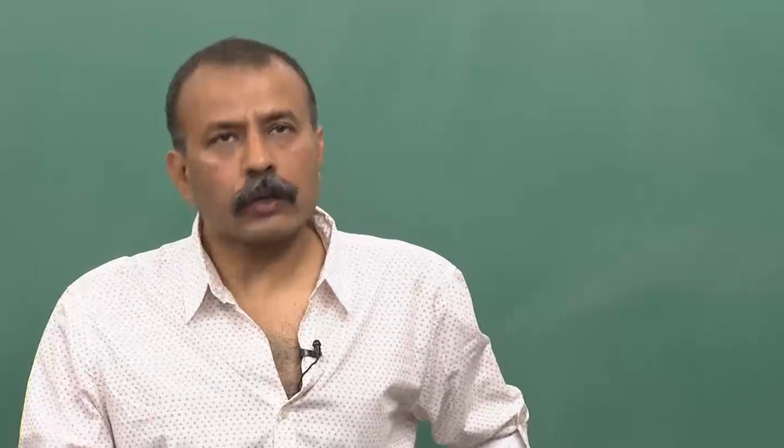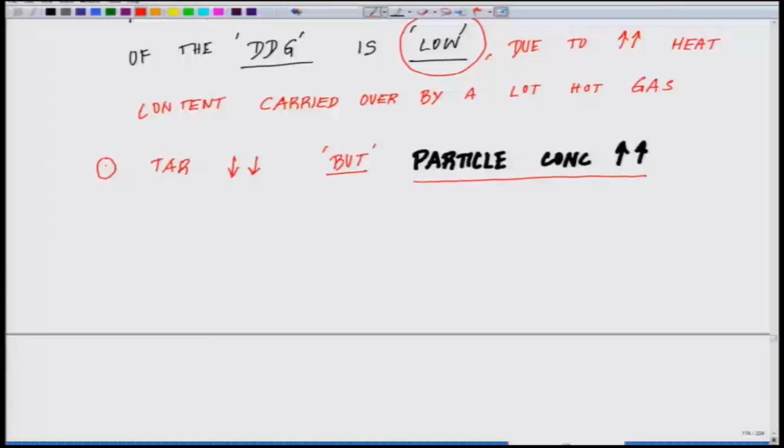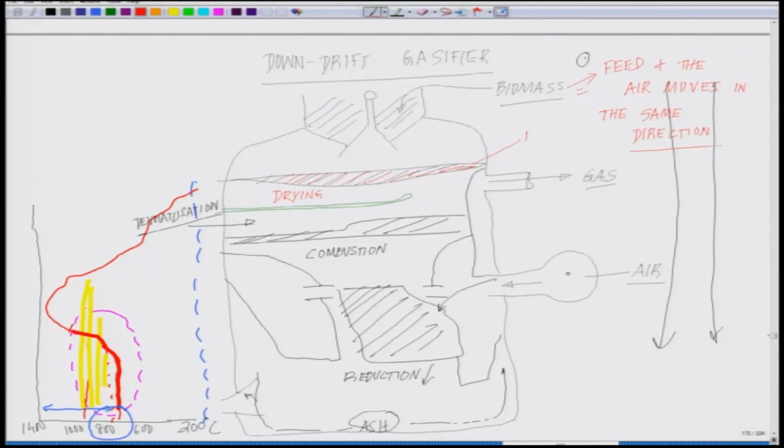There is a third type which we will be discussing now, which is called the cross flow gasifier. Just to understand, gas is coming out at a different level, air is coming at a different level. If the air chamber is somewhere out here, then we call it updraft gasifier, UDG.